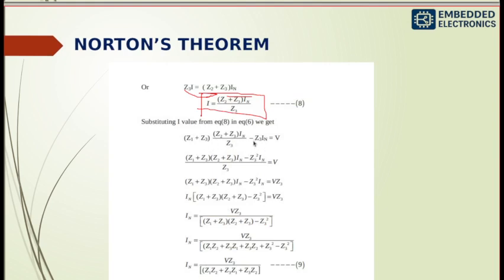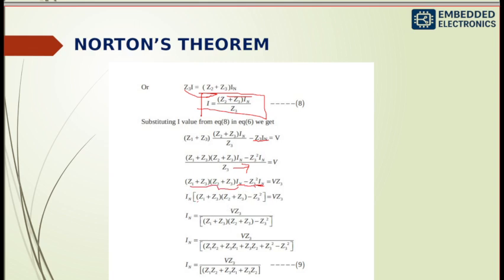Now you need to multiply and divide it by Z3 to take LCM. Remaining part write as it is. Now you need to move this to the right side, then it will become multiplying. So then this part you need to write as it is. Now here you can observe IN is a common term. So you need to take it common, then this should be written as it is.